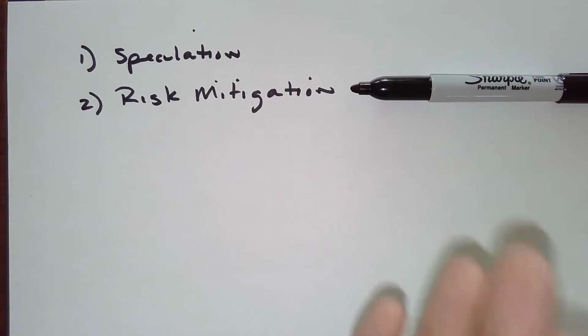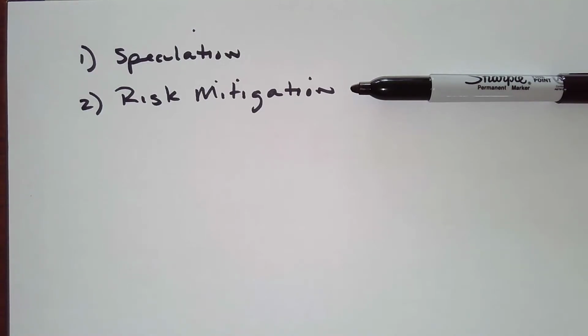Now they get into these risk mitigation strategies because most of the time they're accounting for their on-balance sheet transactions or any of their anticipated transactions. They're generally using lower of cost or net realizable value, or lower of cost or market, or they're using amortized cost with adjustments for impairment.